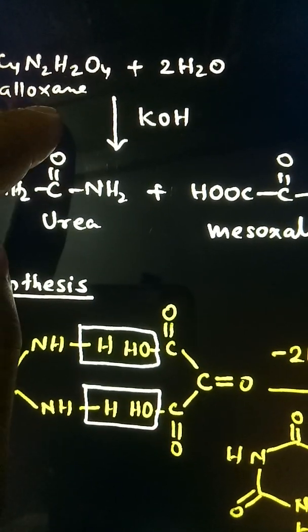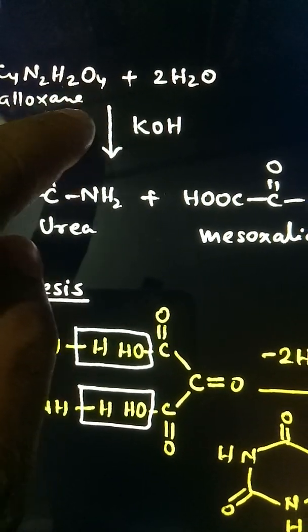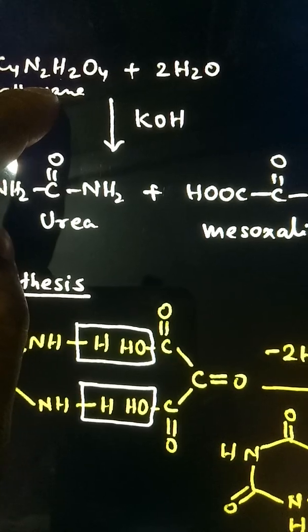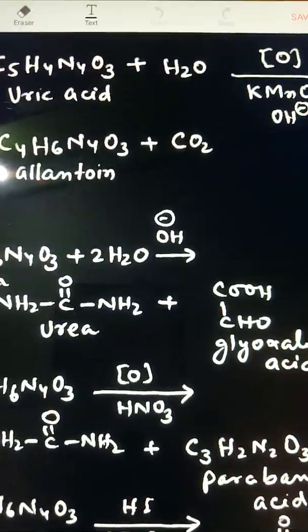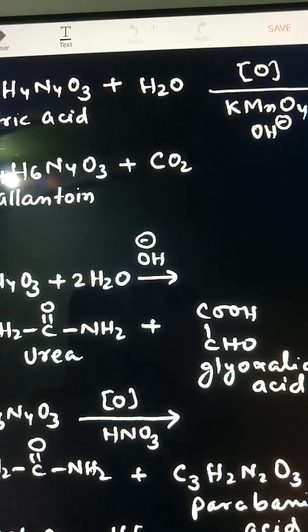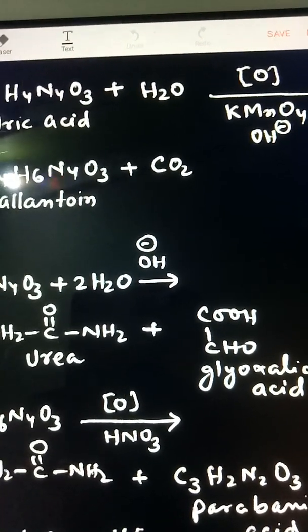So now C4N2O2O4 alloxan, this is the formula. Now this is the structure. Next, presence of allantoin unit.